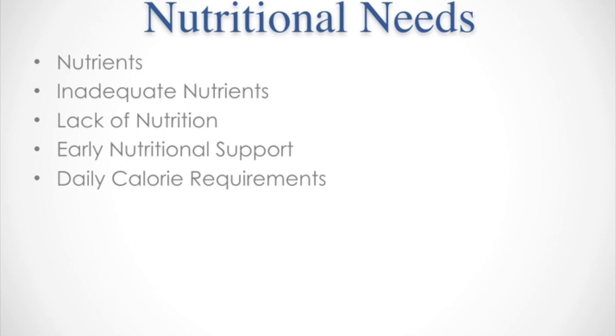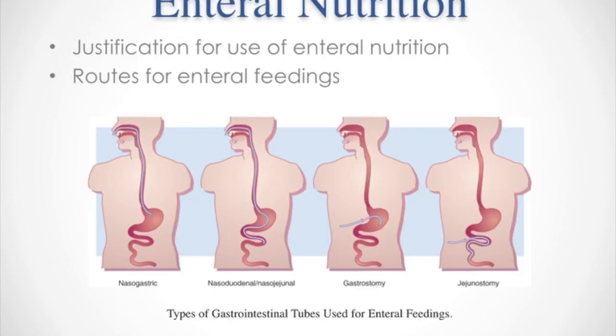And patients who are nothing by mouth or NPO for an extended period of time will become malnourished. So keeping that in mind, there are 2 routes for administering nutritional support: enteral and parenteral. Enteral feedings, enteral nutritions, those involve the GI tract, and they can be given orally or by tube feedings.